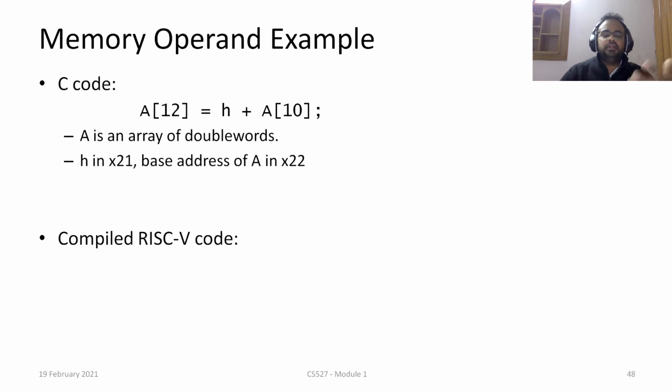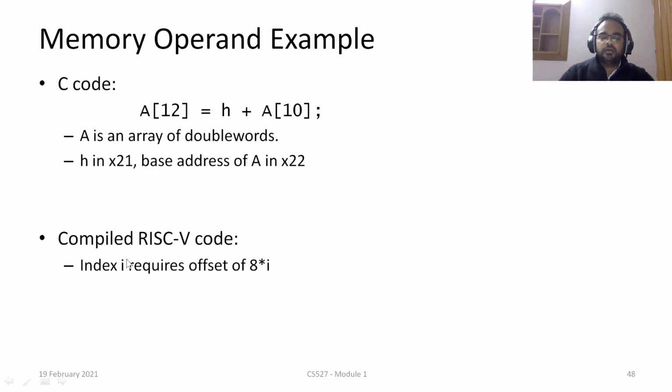Now, to convert this line of C code into RISC-V code, we first need to calculate what's called the offset, or where an element of the array is available when we have only the starting address. We can interpret that by using a generic index i, A of i, for example.